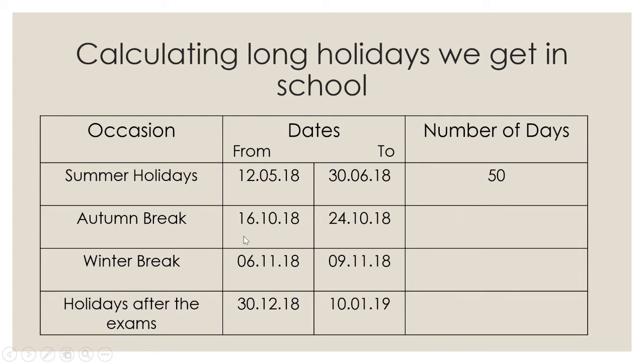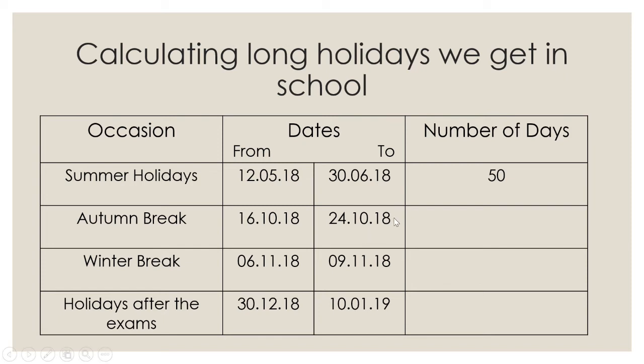Okay, let us see the autumn break. Autumn break is starting on 16/10/18 and the last day will be 24/10/18. Now the 10th month is October. So from 16th October to 24th October you are having vacations. This you can count on your fingers also. 16, 17, 18, 19, 20, 21, 22, 23, 24.